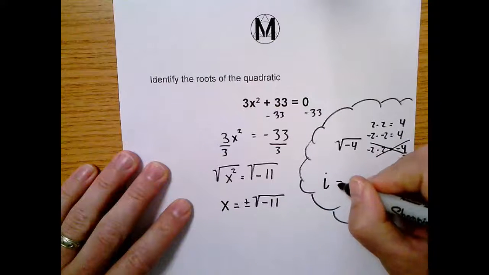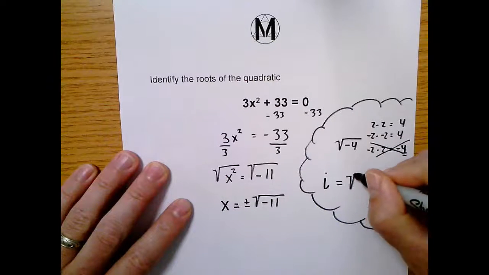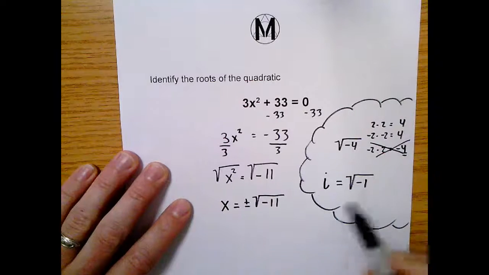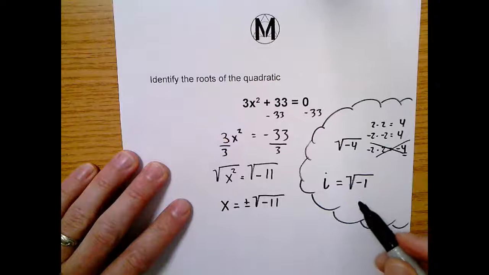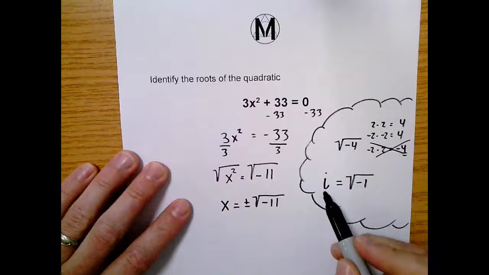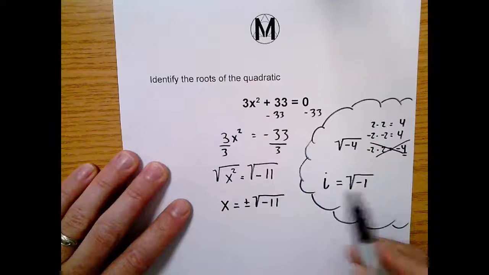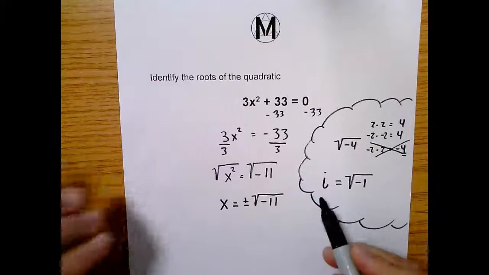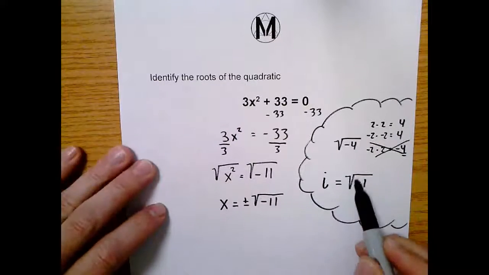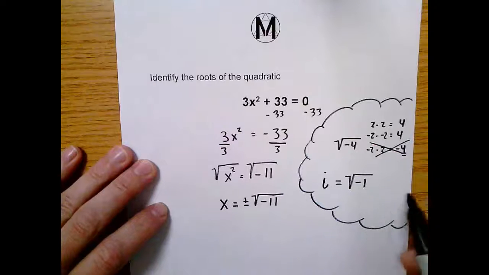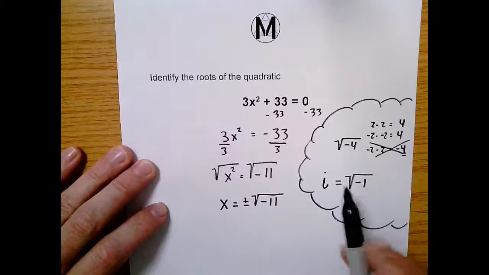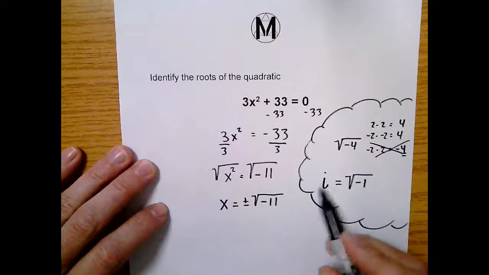And i is the value of the square root of negative 1. So they're saying in this imaginary realm, there is a value that when you multiply itself will become negative, right? Crazy, hard to imagine. That's why it's called imaginary. Anyway, that value is the square root of negative 1. So whenever you get the square root of negative 1, you can represent that with i. It comes outside of the radical.